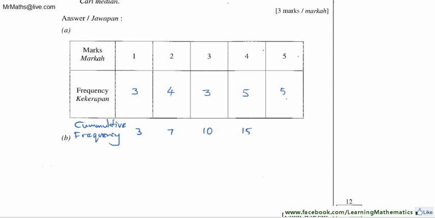And 15 and 5 become 20. So median is the middle value. So if there are 20 values, median then is at 10 plus 1 divided by 2.